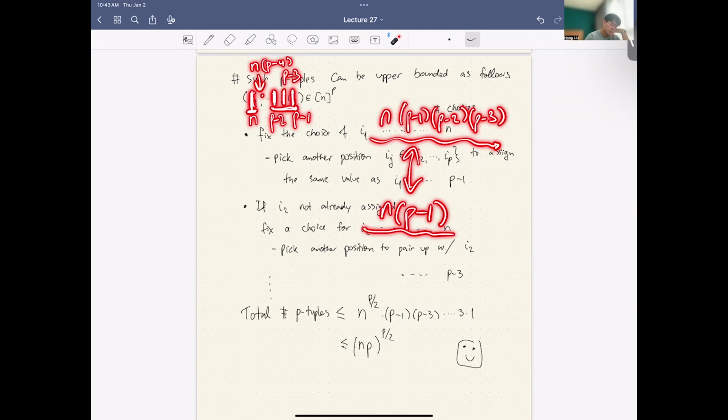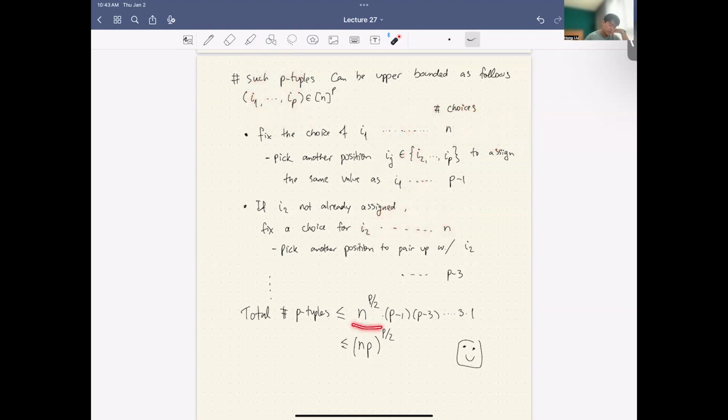The thing is that if some random variable appears more than twice, when you look at this number of terms, what it does is replace a factor of n by some factor of p, which is a lower order term because n is much larger than p. Okay? I will leave it for you to make this rigorous. I don't think, in general, this bound is a problem. Any question?